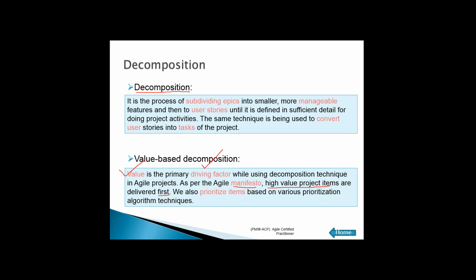That is value-based decomposition. We also prioritize items based on value prioritization algorithm techniques. Irrelevant for us. You need not know these algorithms and all that. Just understand that we are prioritizing the requirements in a product backlog based on the business value it's going to bring to the table.